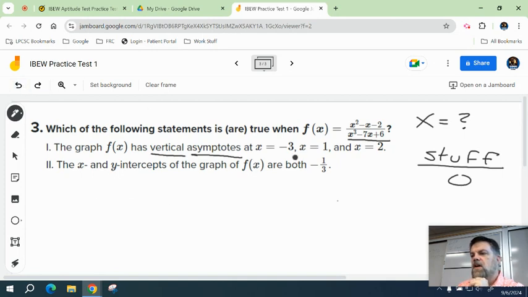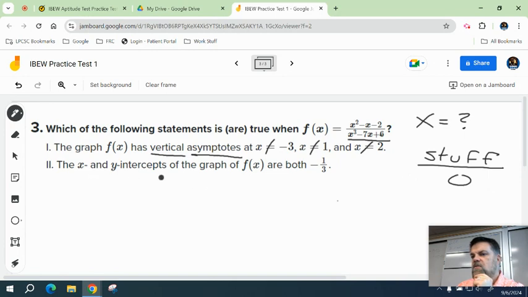It says the vertical asymptotes are x equals negative 3, x equals 1, and x equals 2. That means if I plug those into this equation, that'll make this equal 0, right? On the bottom of the fraction.